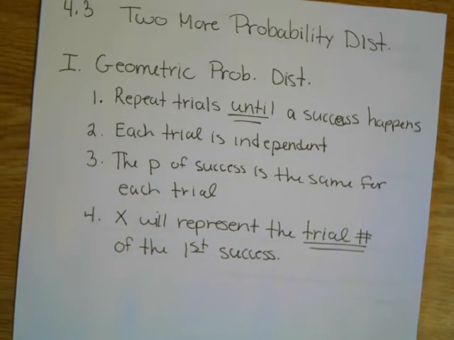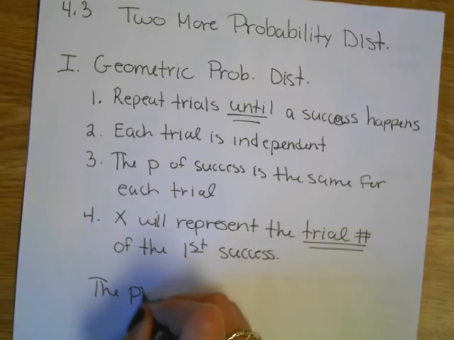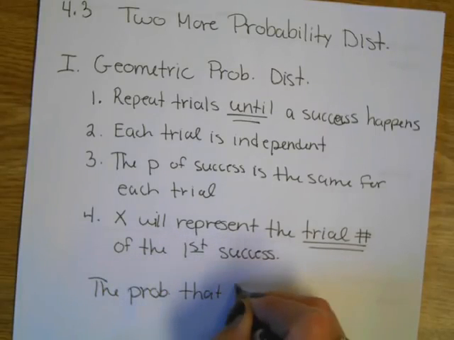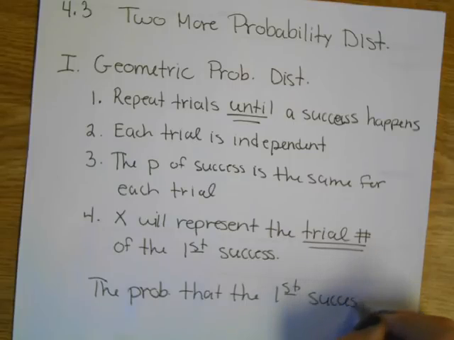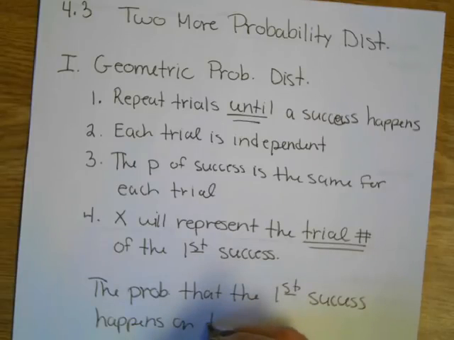So, our formula for this gives the probability that the first success happens on trial number x.